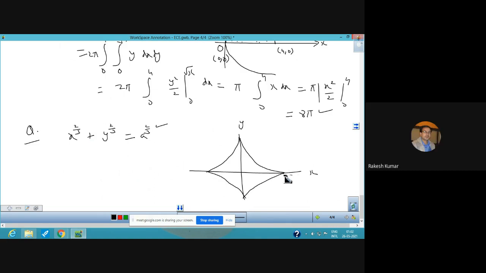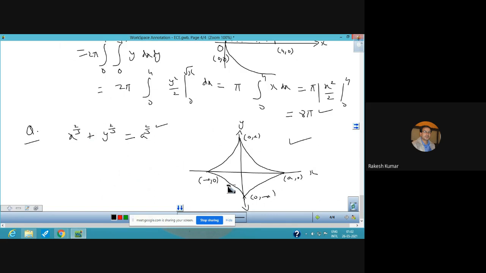Now, clearly this point has coordinates a, 0, and this is negative a, 0. This is 0, a, and this is 0, negative a. Now, the shape of the curve is shown in this figure.